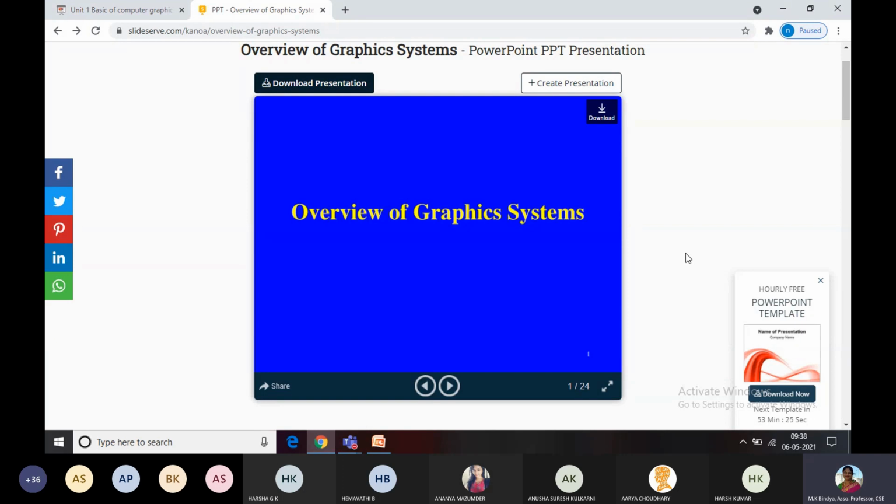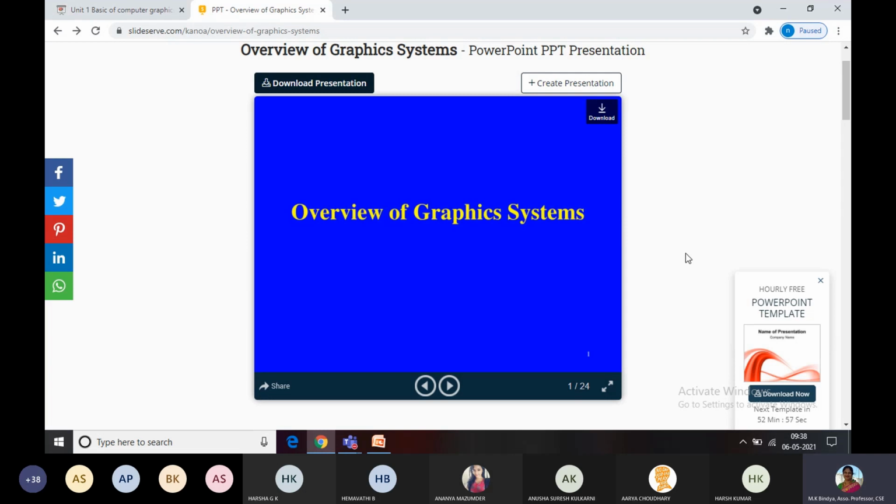Next, we also discussed the different applications of computer graphics. First one is computer aided design, CAD. Second is presentation graphics. Third is computer art.